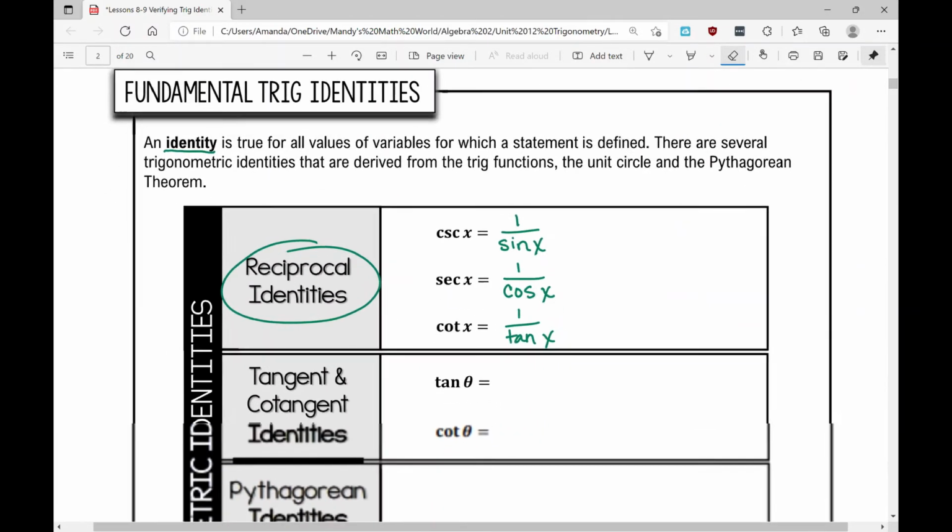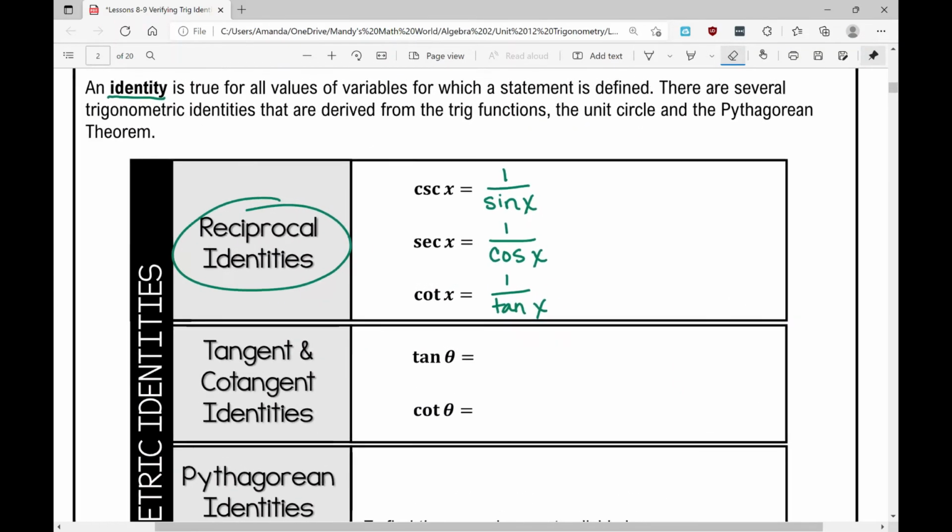Let's move on to the next set of identities, the tangent and cotangent identities. And I just covered that a little bit, but tangent theta, which I could have had tangent x there, but tangent theta is sine theta over cosine theta, y over x.